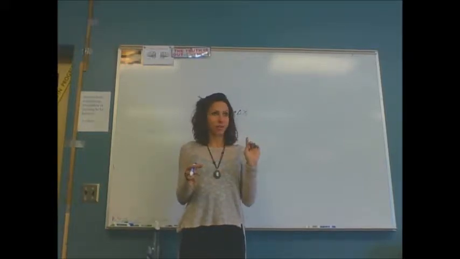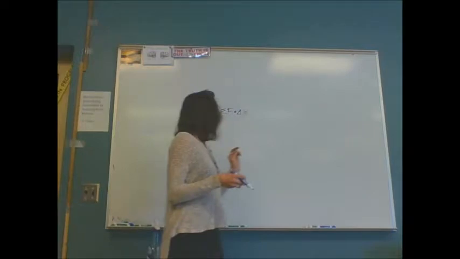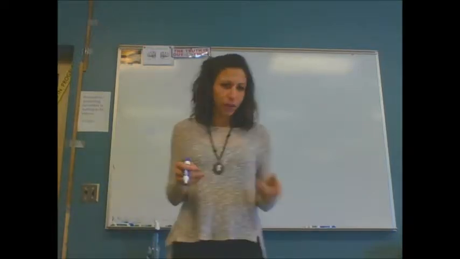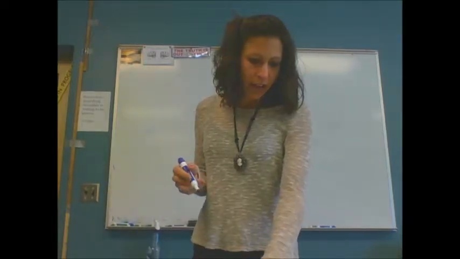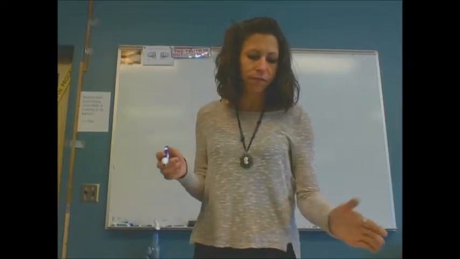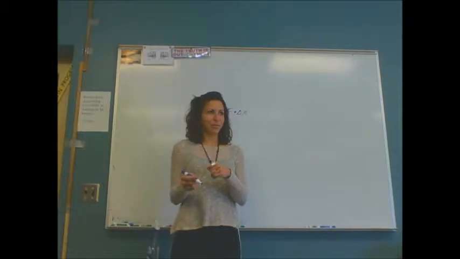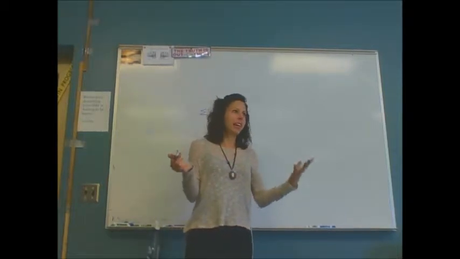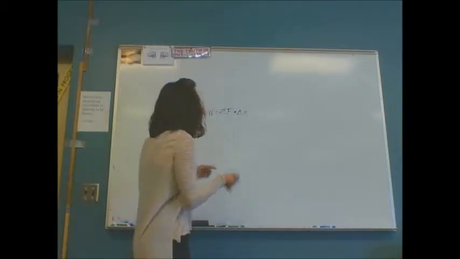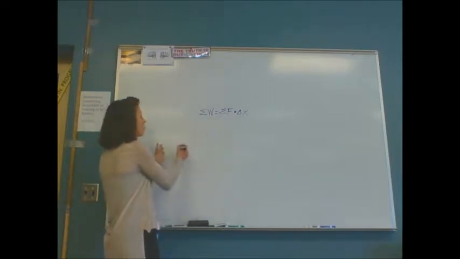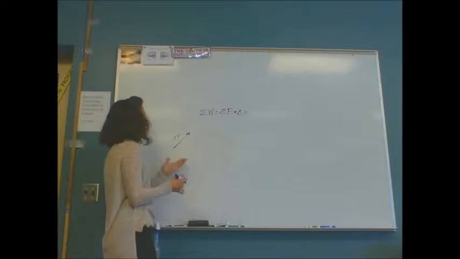For this case, they're telling you that there are three different forces, and then they tell you that there's a 4-meter displacement, but they don't tell you the direction of the displacement, which seems like a giant nightmare, but it's actually not so bad. Whatever my net force is, let's say it's this way, it doesn't even matter. Then I know that my displacement is going to be in the same direction.